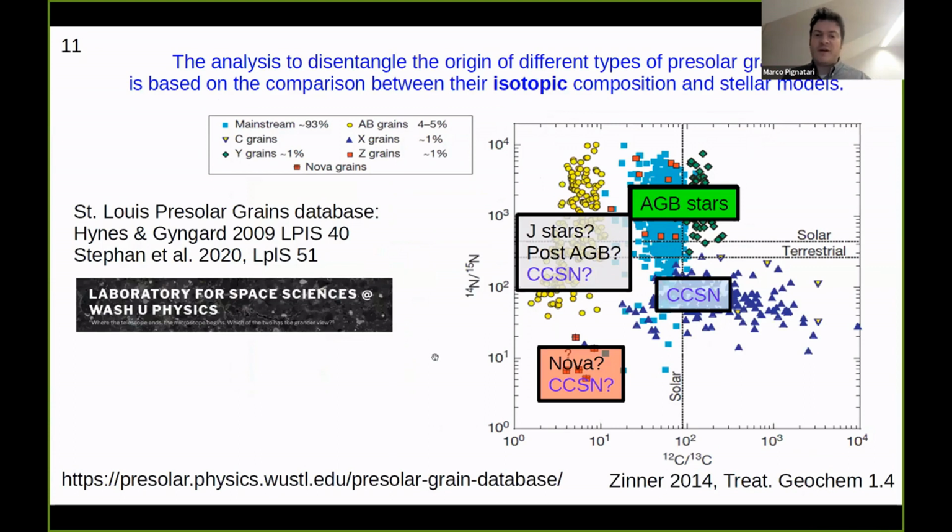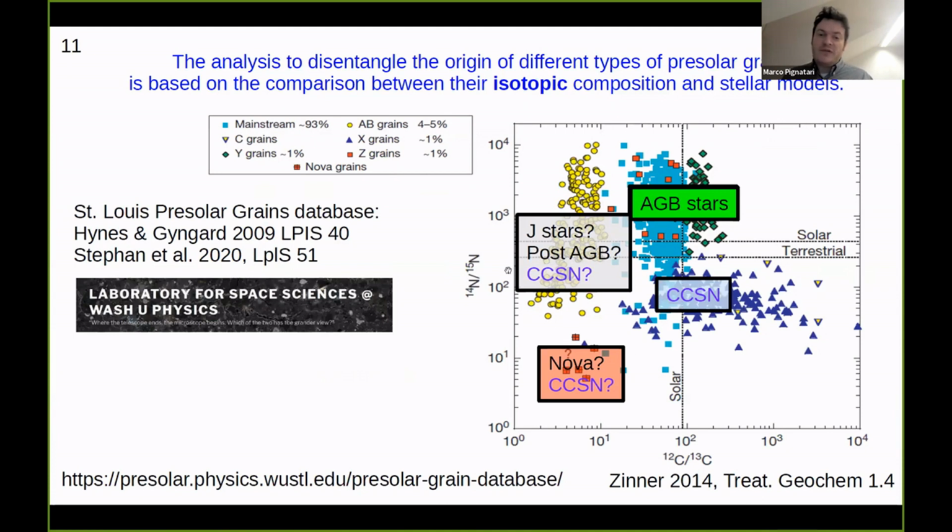As I said, there are different types of presolar grains. Actually, the majority of carbon-rich grains come from AGB stars. But if we look at isotopic ratios, here for example carbon isotopic ratios versus nitrogen isotopic ratios, it is possible, due to the really strong isotopic anomalies, to say what source a specific single grain came from.